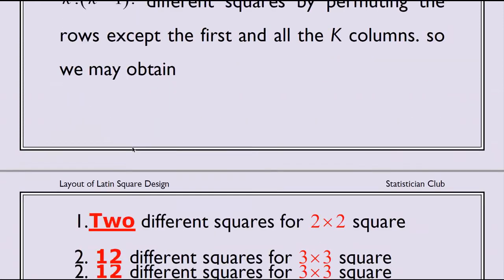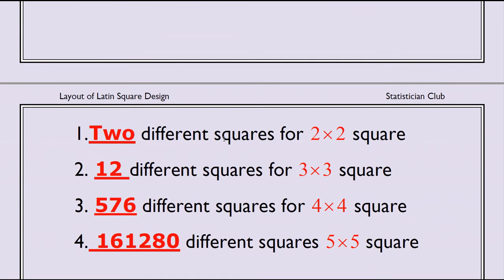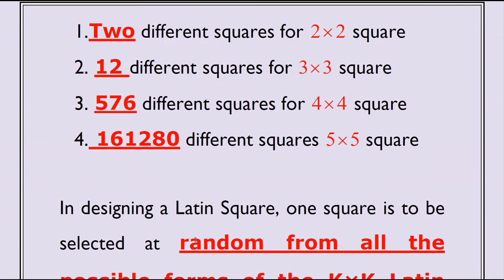So we may obtain 2 different squares for a 2 by 2 Latin square, 12 different squares for a 3 by 3 Latin square, 6 different squares for a 4 by 4 square, and 161280 different squares for 5 by 5 squares.